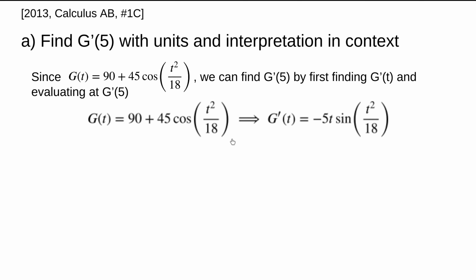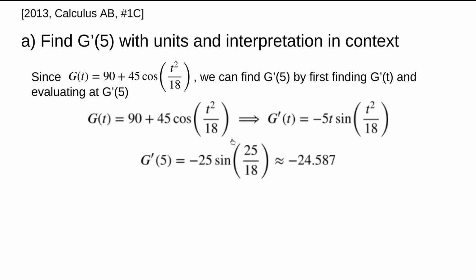It's fairly straightforward if you know your differentiation rules. G prime of t is negative 5t times the sine of t squared over 18. This isn't entirely necessary. This is a calculator active question. So if you're going to evaluate this at 5, use your calculator to evaluate it. It turns out to be about negative 24.587.